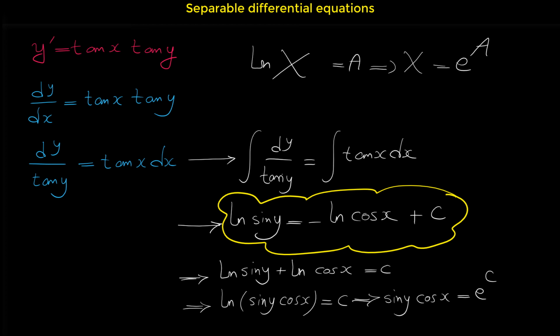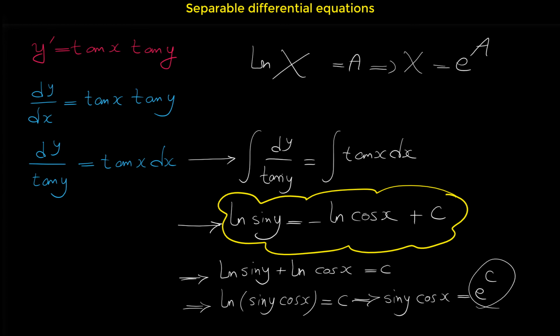And finally, note that e is a constant. e, Euler's number, is approximately 2.7. c is also a constant. So all of this is a constant.